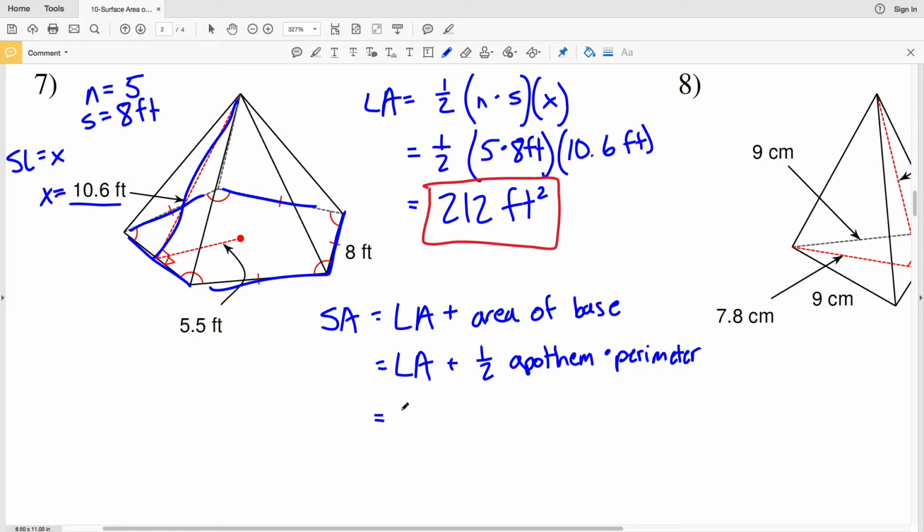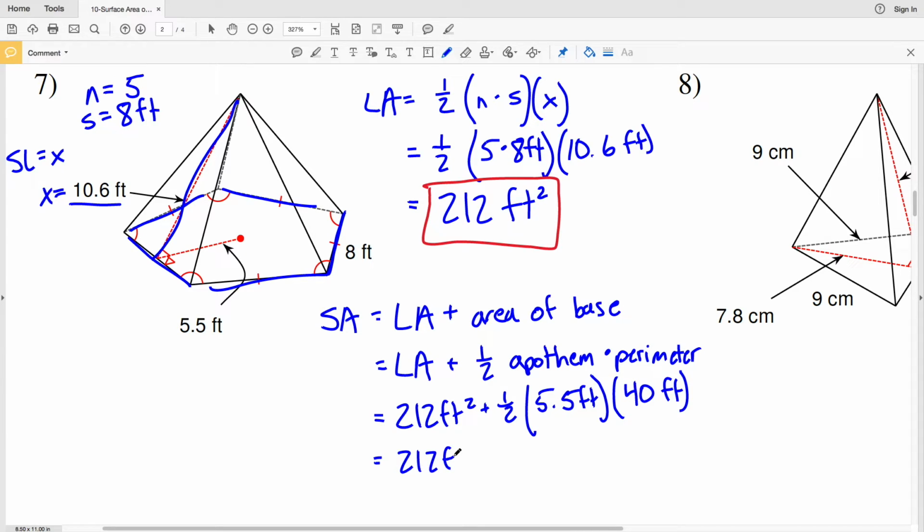So lateral area of 212 feet squared plus 1/2 times the apothem of 5.5 feet times the perimeter, 5 times 8, which is 40 feet. That'll be 212 feet squared plus 1/2 times 5.5 times 40, which equals 110 feet squared.